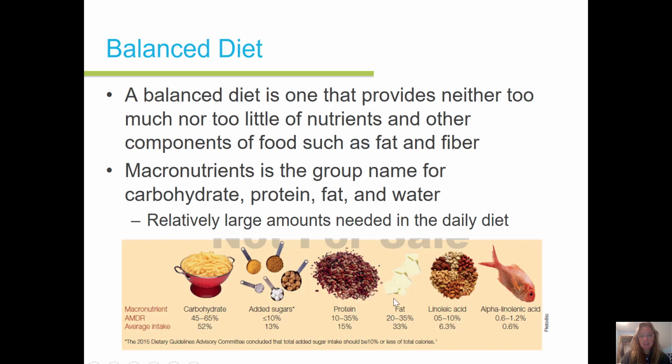And then for fat, the last macronutrient is 20 to 35% of our total calories. So those are the acceptable macronutrient distribution ranges for carb, protein, and fat for everyone. So we want to try to stay somewhere within those recommended ranges. So that's what we mean when we say balance in our diet.